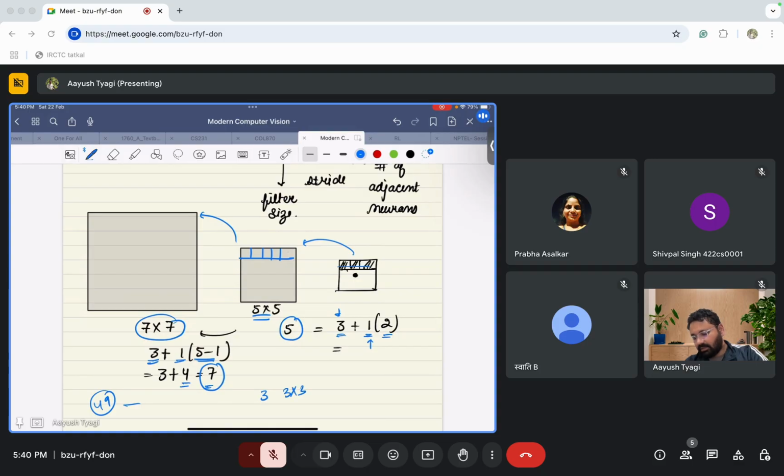So 3 cross 3 cross 3, 27 parameters, we are using to get the same receptive field as compared to 7 cross 7. So it is a more efficient way of designing CNN-based architectures.